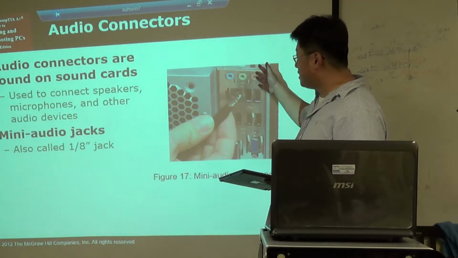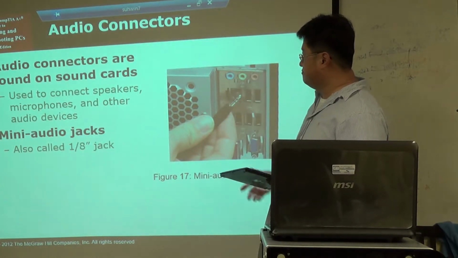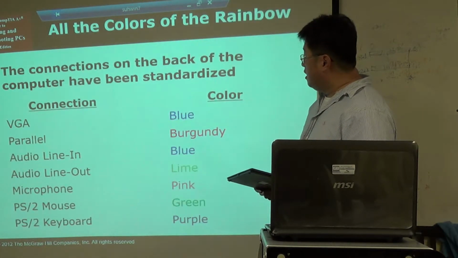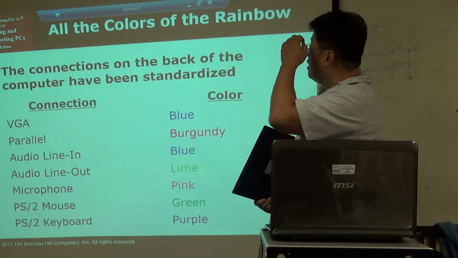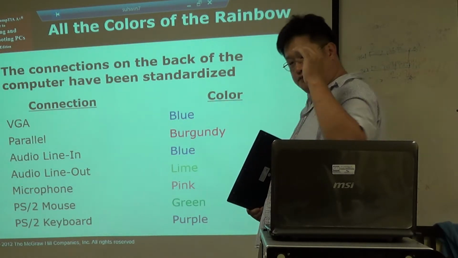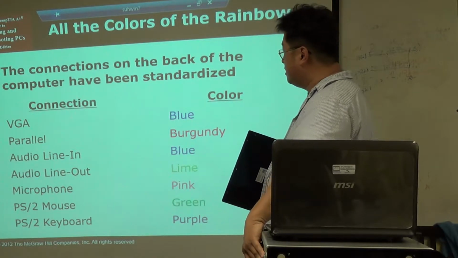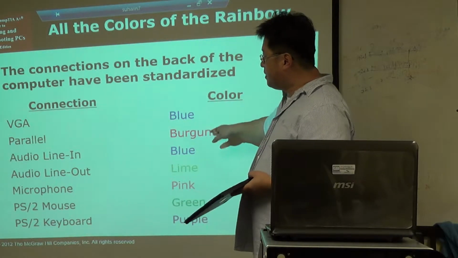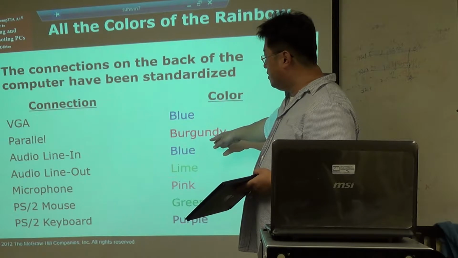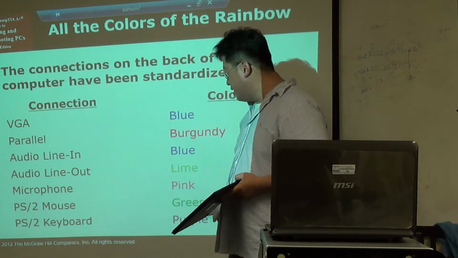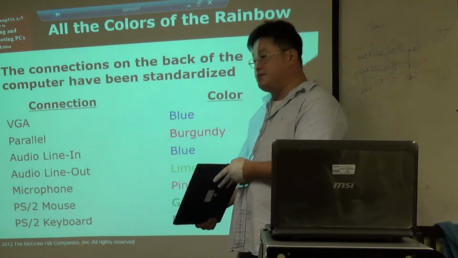This is an audio connector, for the sound card. Here are the colors of the rainbow on the back. If you look at the system from the back, there's a color coding. VGA is blue, then purple, burgundy, and audio in and out colors. PS2 mouse is green and the keyboard is purple.